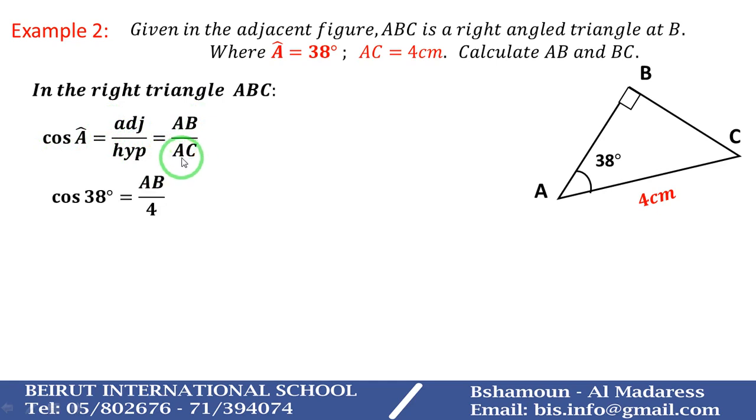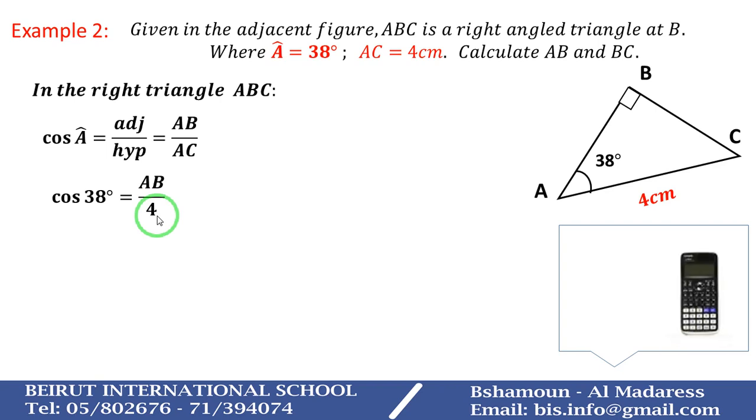We have here cosine A equals cosine 38 degrees. The adjacent side is AB and the hypotenuse AC is equal to 4 centimeters. Put cosine 38 on your calculator and the answer will be 0.788 approximately.